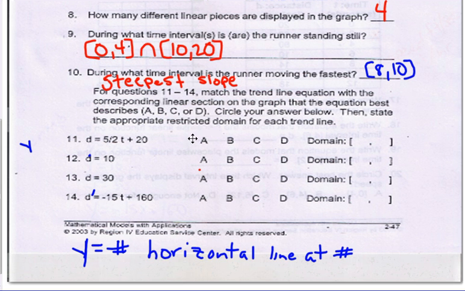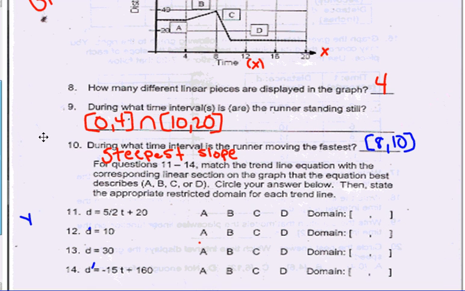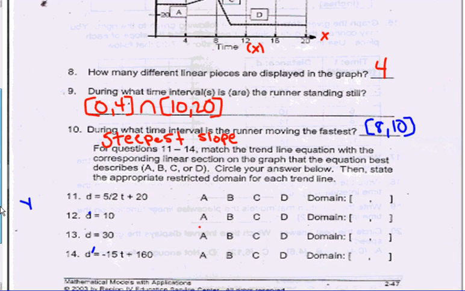Then state the appropriate restricted domain for each trend line. So each trend line means each time it has a trend. Like here it has a trend of staying flat, here is a trend of going uphill, here is a trend of going downhill, and here it has a trend of going just straight. It's just flat or constant.